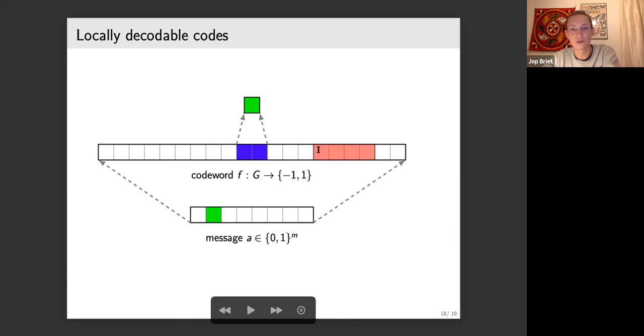And the reason why this works, even when a constant fraction of the code word is corrupted, is because each individual coordinate of a 3AP is uniformly distributed. And so by a union bound, you're quite likely to avoid the corrupted part of a code word. Okay, so this is kind of the origin of these counterexamples.